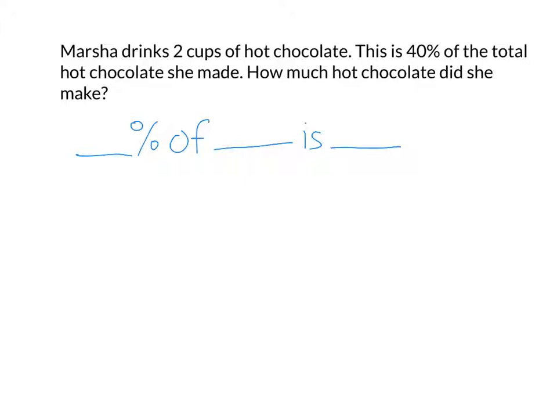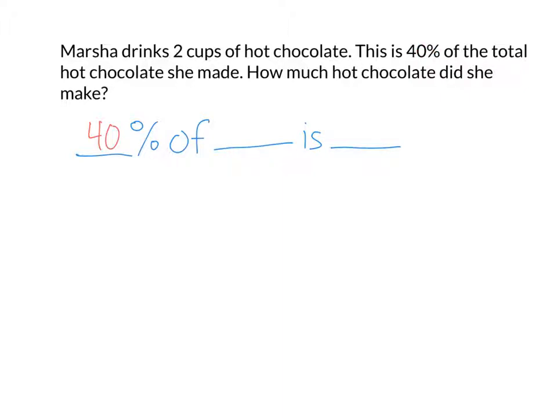So first of all, I know my percent, 40% of blank. So let's think in this problem, what do we know and what do we not know? Well, we know she drinks 2 cups of hot chocolate, and it says this is 40% of the total hot chocolate she made. So 40% of the total is 2 cups.